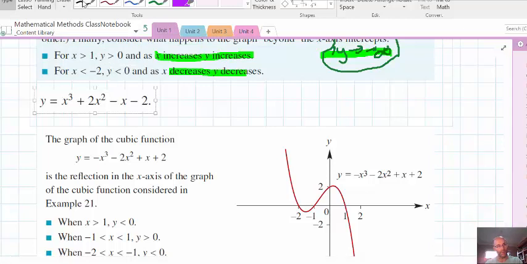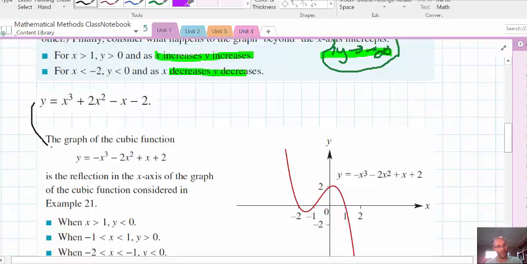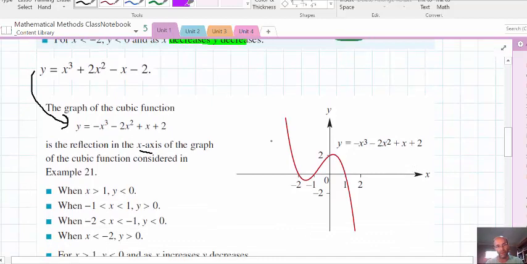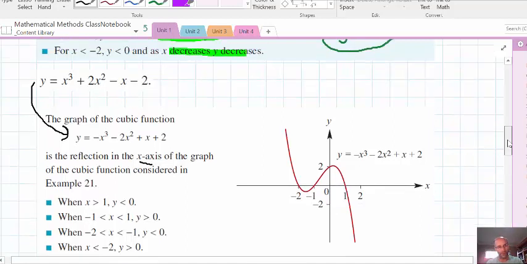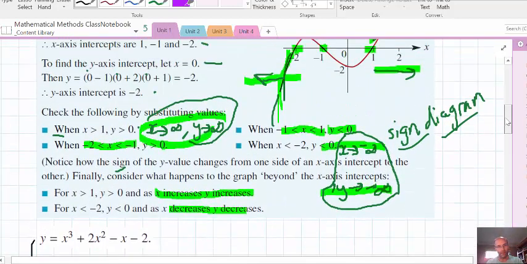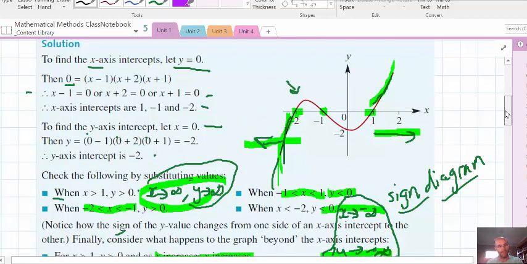In other words, the whole equation is multiplied by -1. So you can see the link there. All the signs of all the terms change, so it's a reflection in the x-axis. That shouldn't be a huge surprise, because we know that when we have a dilation of -1, that's what that does, it reflects everything.